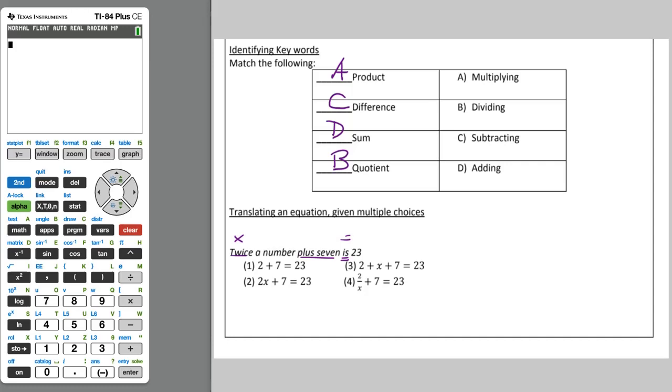So twice a number, this one does not have a number in it, so 1's out. 2, twice a number plus 7 is 23. That one's pretty good. Twice a number does not mean 2 plus, so that's out. Twice does not mean divide, so my choice is choice 2.